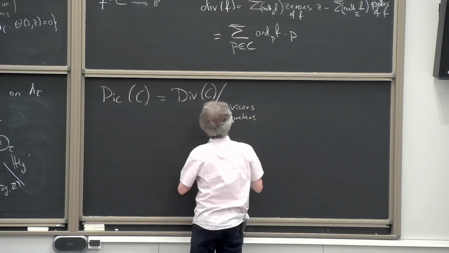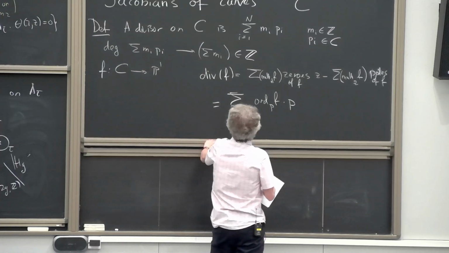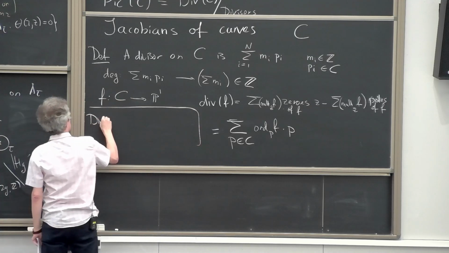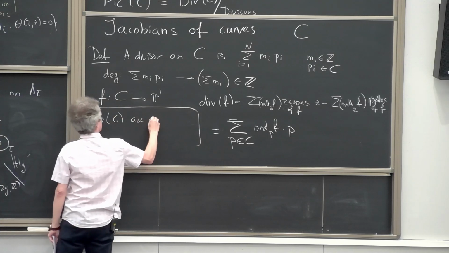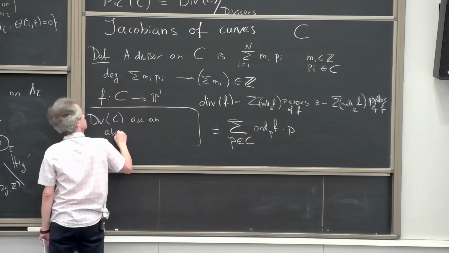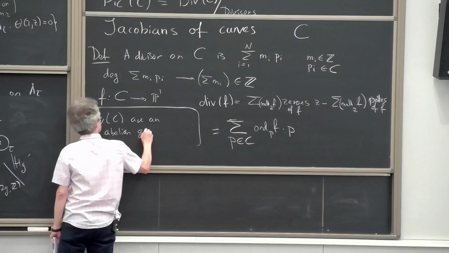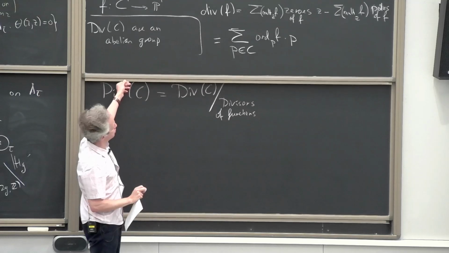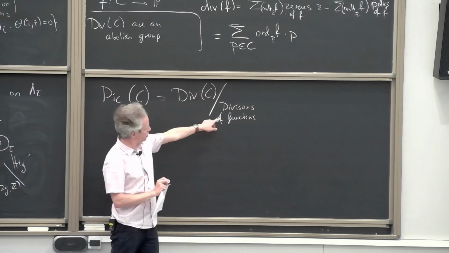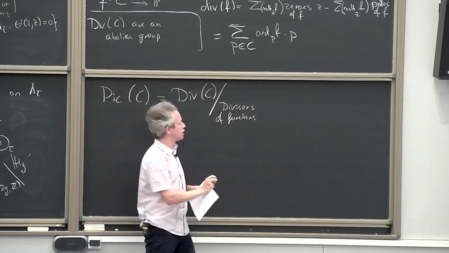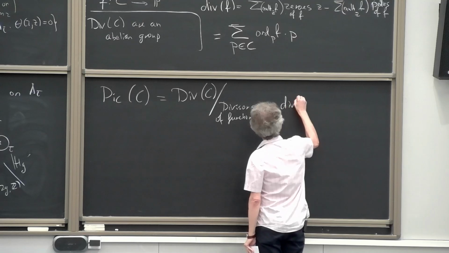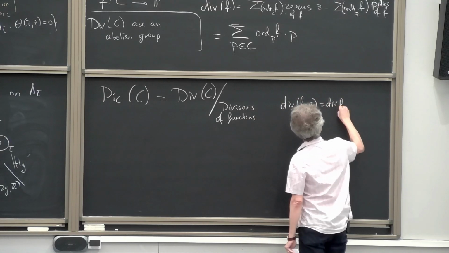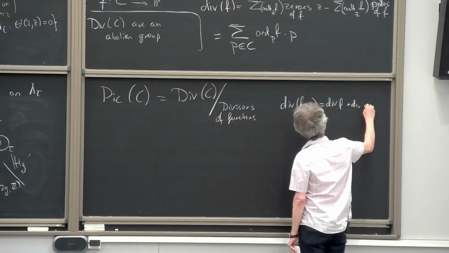So the divisors on C are an abelian group, right? I can add two such expressions just formally together. And then there is a subgroup of this group, which is obtained by taking divisors of functions. So I better convince you that this is a subgroup. Well, this is easy because I can just tell you the divisor of f times g is equal to the divisor of f plus the divisor of g.